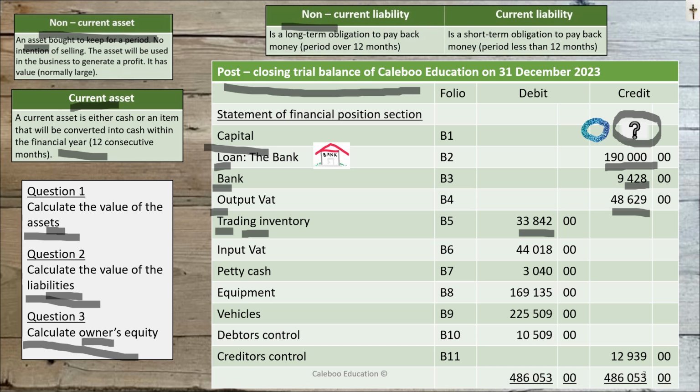A non-current liability, a long-term obligation, and current liabilities, short-term obligations. So those are the definitions of assets and liabilities. Now what we need to do is all these items need to be categorized.